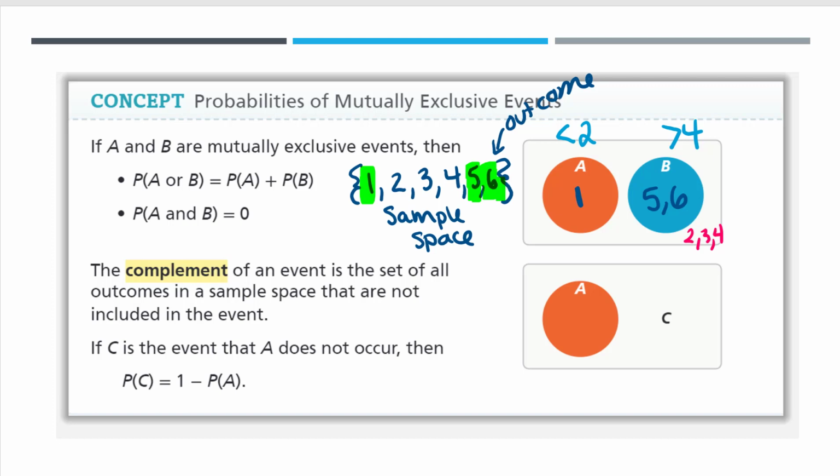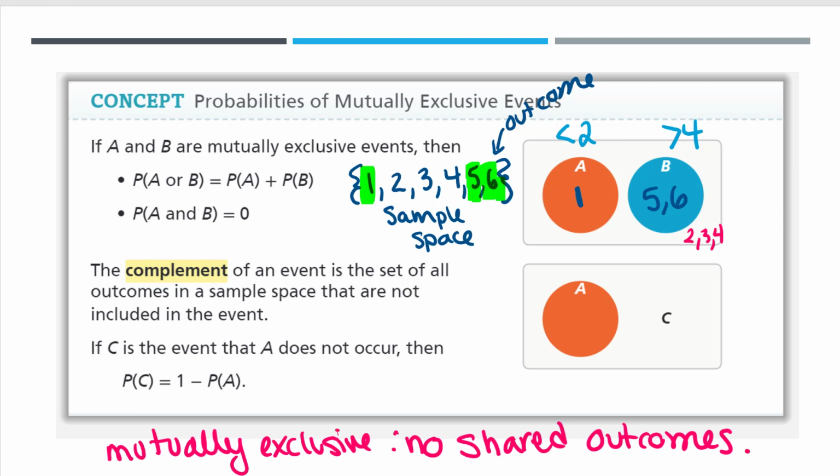It shows the numbers 1 through 6, which are all of our possible outcomes, and we have separated the outcomes into events. Mutually exclusive events means that we have no overlap in outcomes. Now you will see some examples where just by the definition of the events, we have shared outcomes, and that means our Venn diagram will appear a little bit different, so you'll see that in one of the examples.